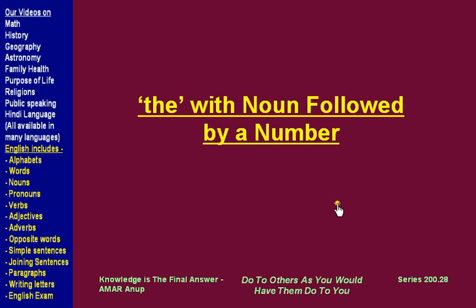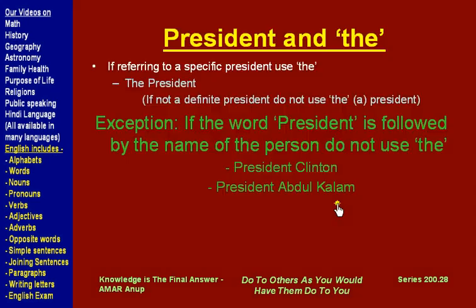When it comes to companies, the companies usually decide whether to use "the" before the company's president's name or not. But if you are in doubt, you can use "the." But if the word is being used as a common noun, a common word, then don't use "the."